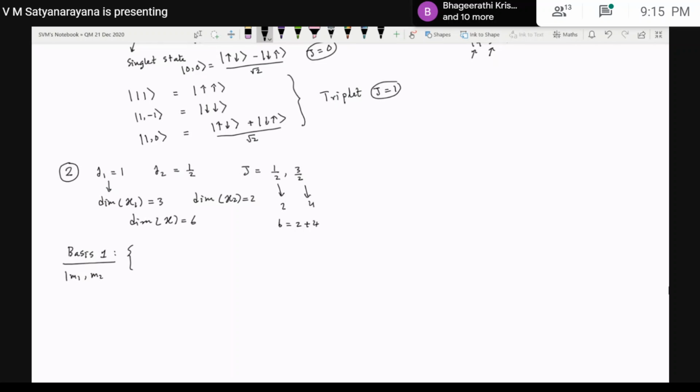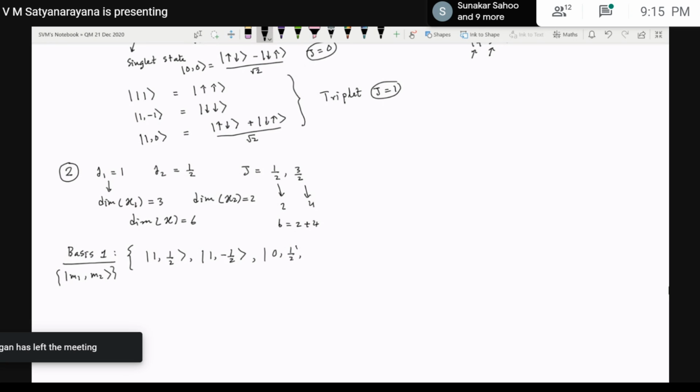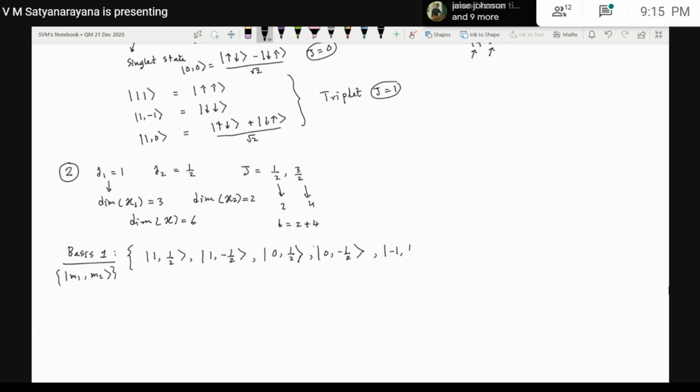The first one can be 1, second one is half; first one 1, second one minus half; then 0, half; and 0, minus half; and minus 1, half; minus 1, minus half. So these are the 6 possible basis 1 states.